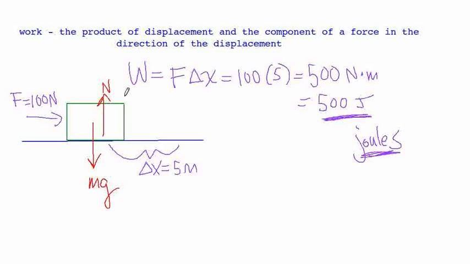If you applied a force at an angle, let me do an example of that. Suppose that you have a pack on the ground, and you have a horse pulling it via a rope somehow.